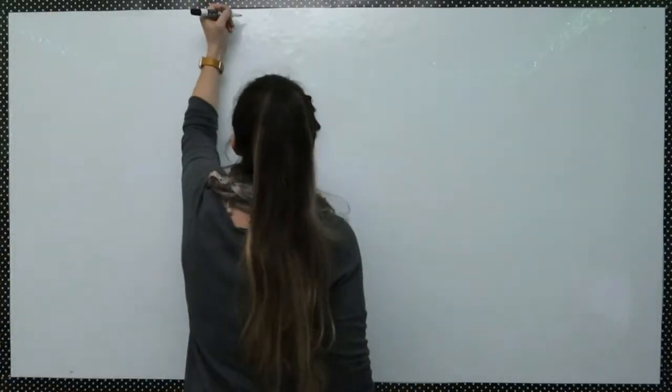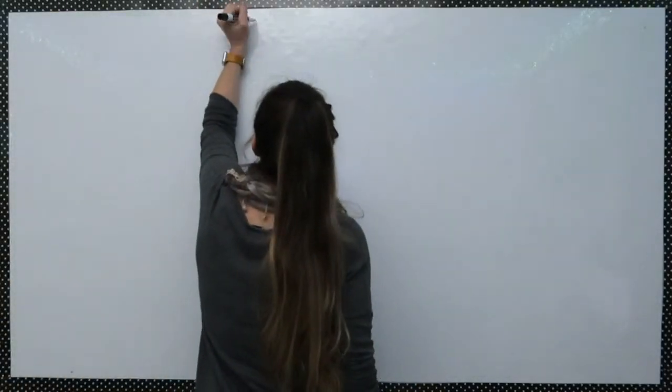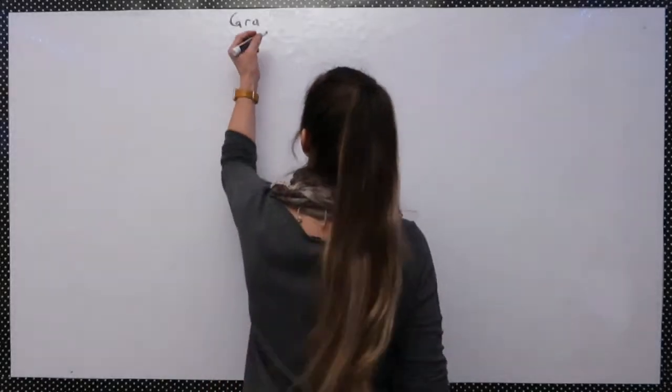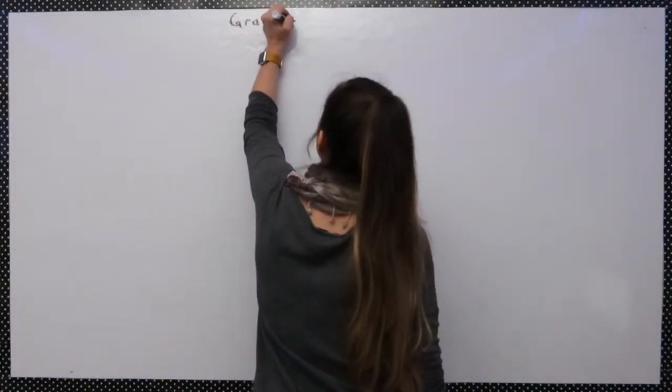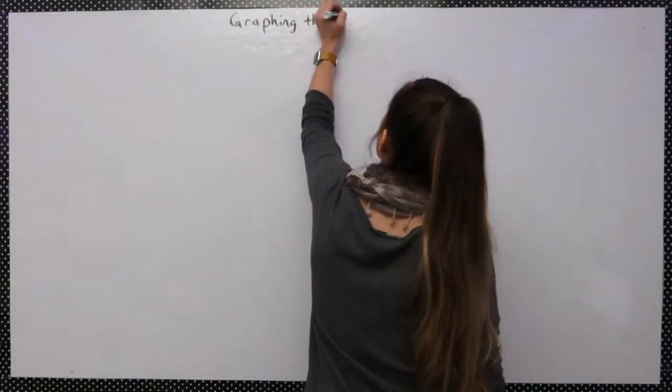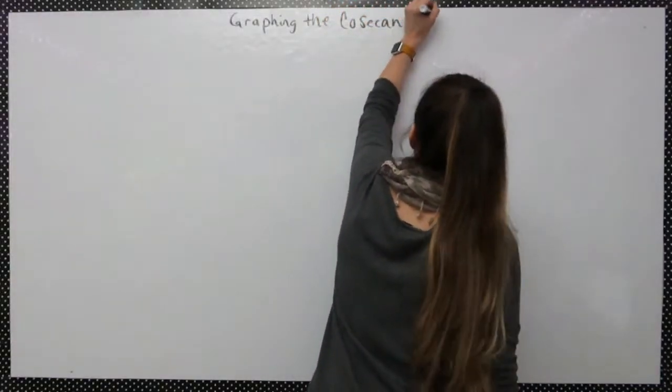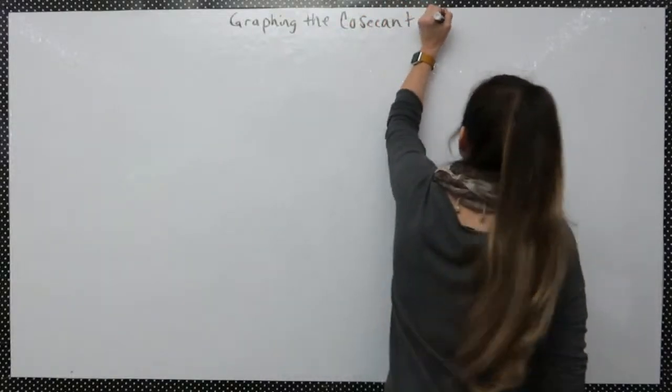And they're simply found by taking not the inverse, but the reciprocal. So we'll just go ahead and label this and switch out the marker because it's really squeaky. And the cosecant function.